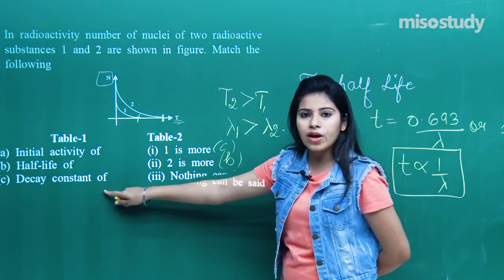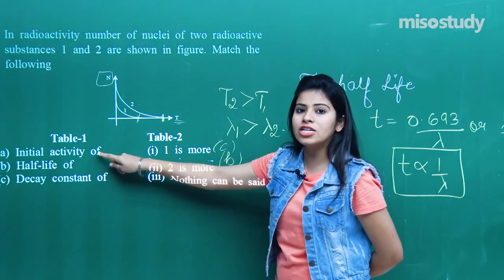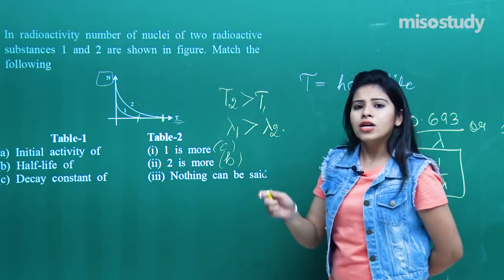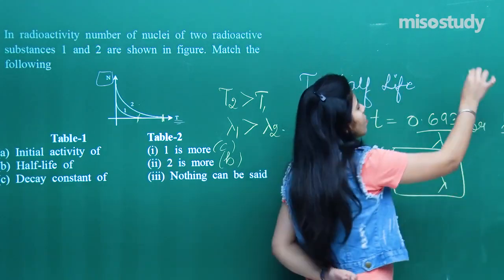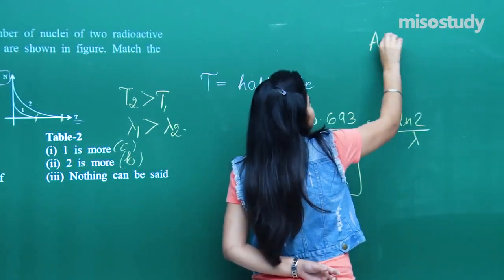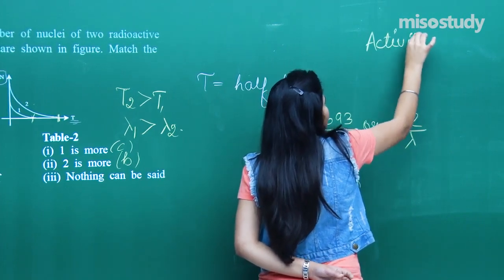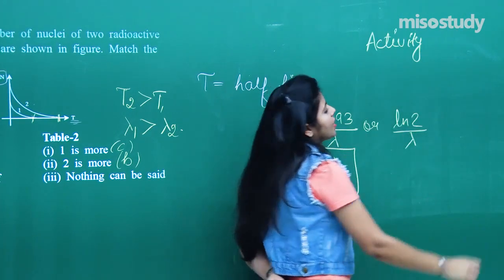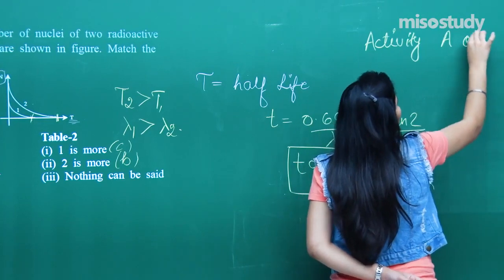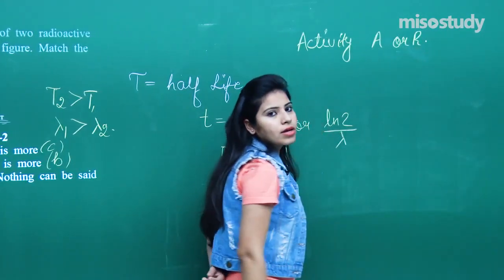So now let me verify the A option, initial activity. We denote activity as either A or R, isn't it?